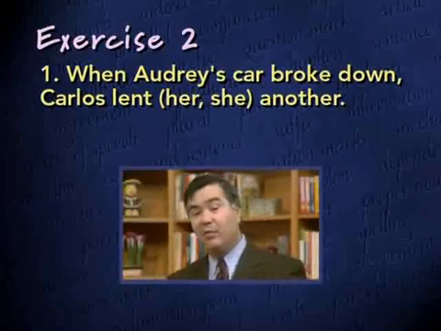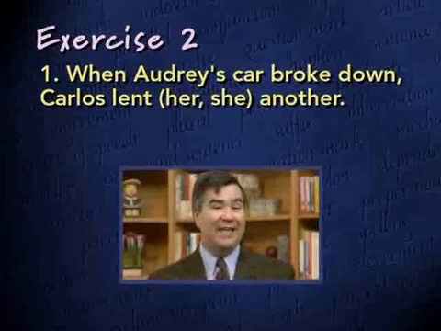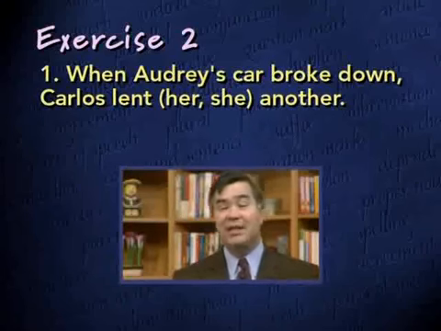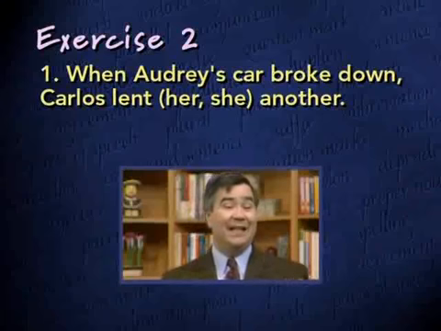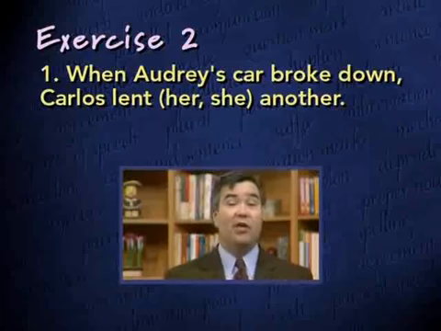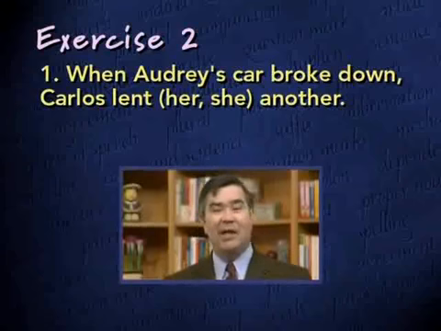The pronoun that would come in between the verb and the direct object would be serving as an indirect object. It would tell to whom Carlos lent another, meaning another car. And remember that a word that's inserted in that place in the sentence and tells to whom or for whom the action of the verb is being done would be an indirect object.